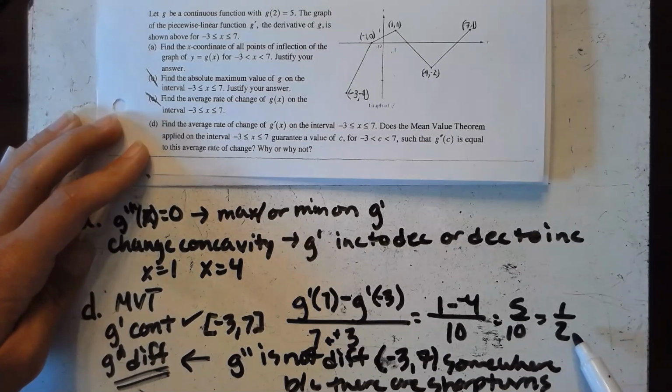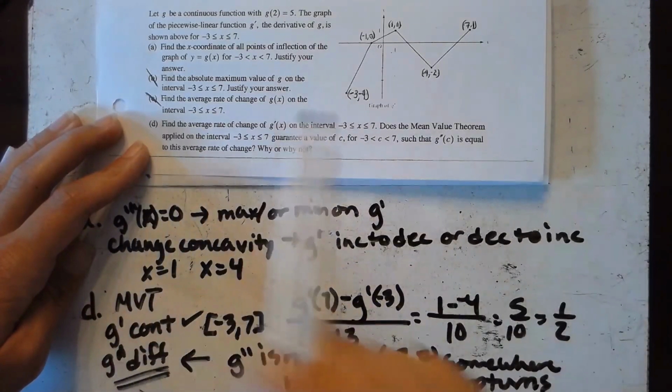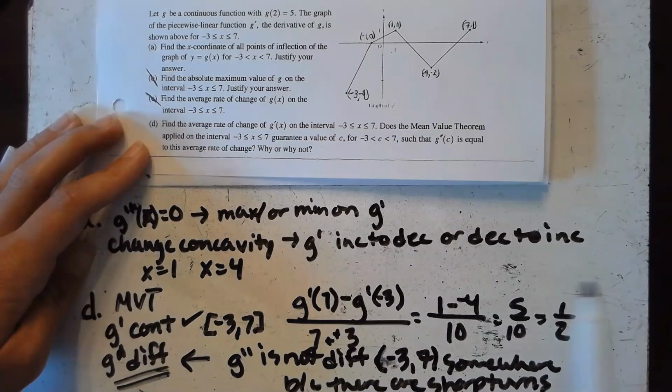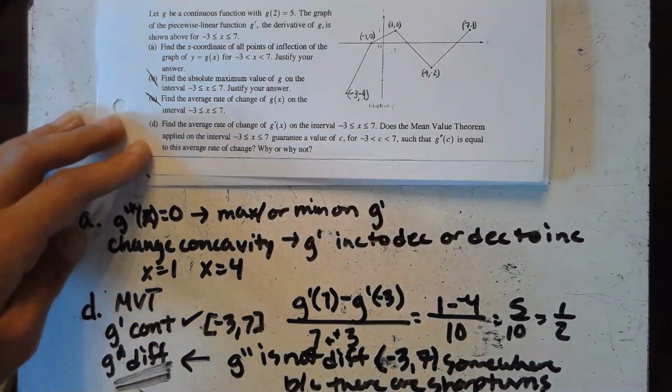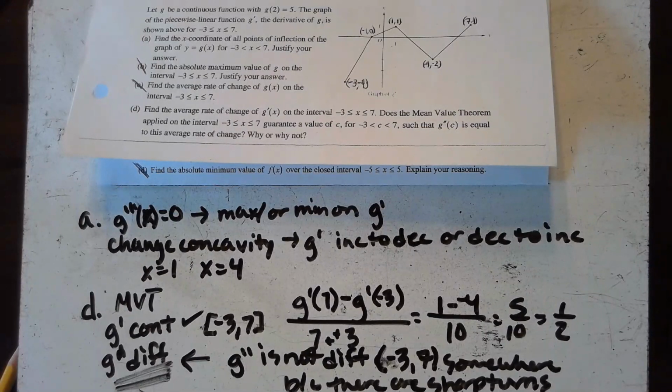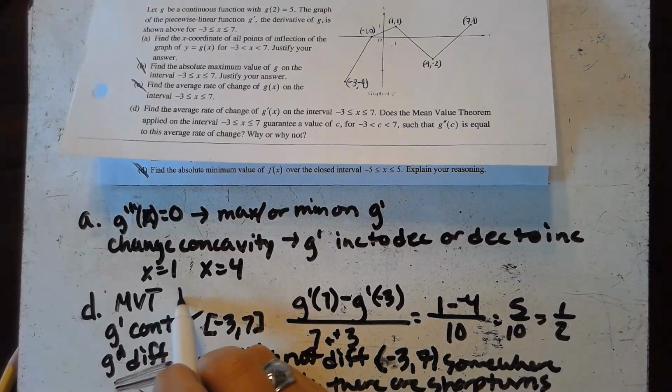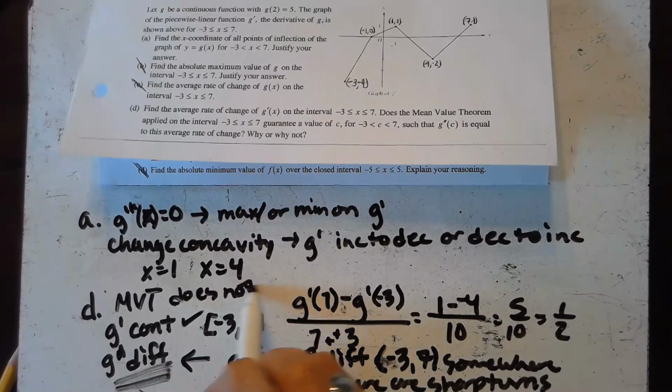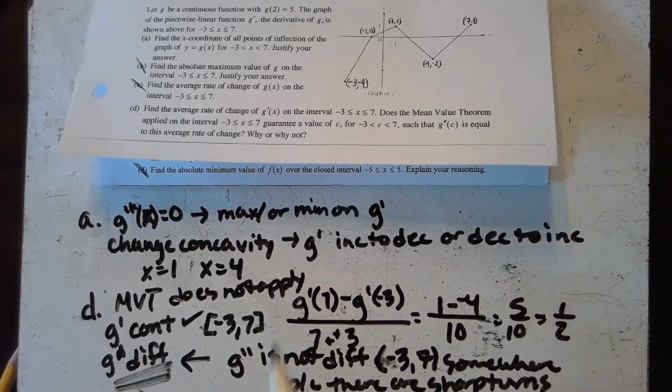Now, I had to find the average rate of change because it said find it, so I did find that. That's 1/2. But I can't guarantee that it's differentiable. So be careful about your explanations. And one thing I did not say on this last one is MVT does not apply. And here is its reasoning.